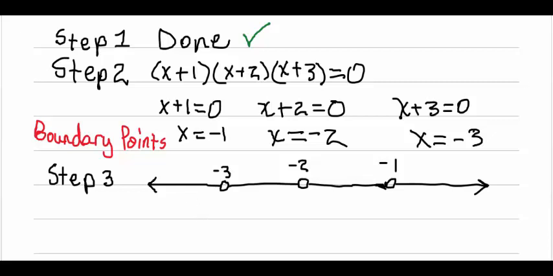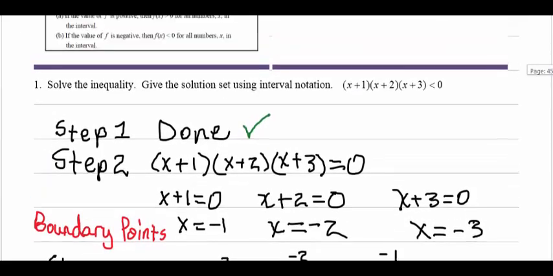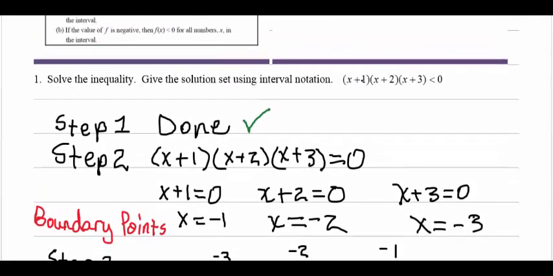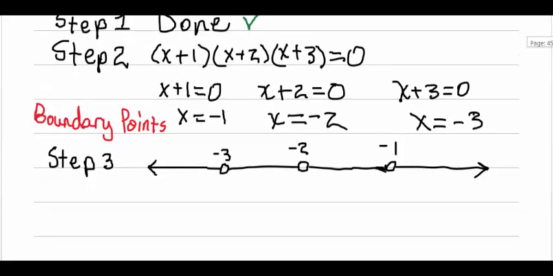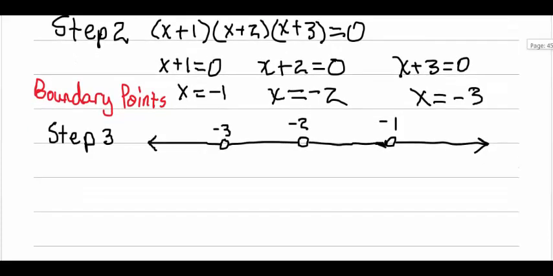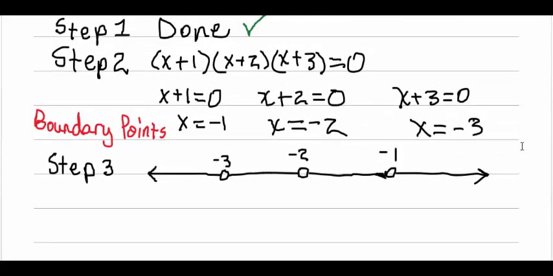And also, because our inequality wanted to know when our polynomial was less than 0, the boundary points will not be included in the solution set because they're the values that make the polynomial equal to 0.